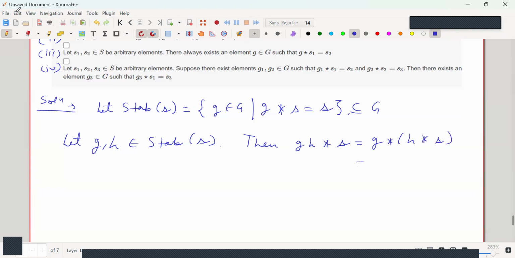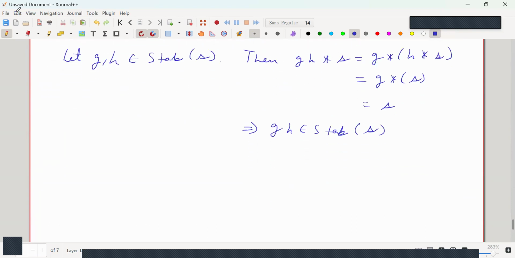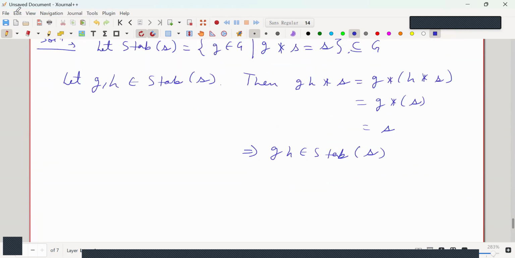But h fixes this s, so this will be s, and then g again fixes this s, so this will be s, which implies gh belongs to the stabilizer. I'm saying the word stabilizer because this subgroup is known as the stabilizer. The word itself signifies that it stabilizes the element small s, right? So this subgroup has a particular name.